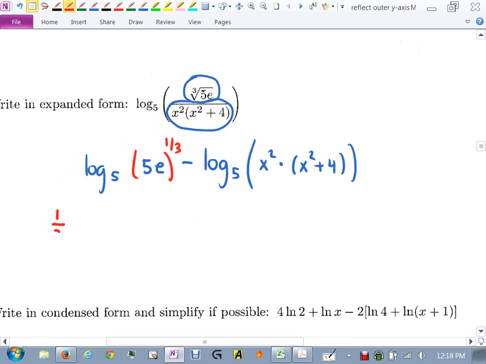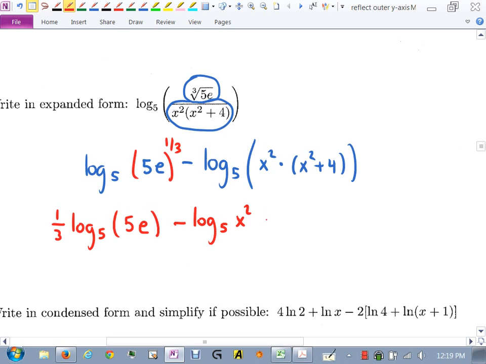So I can do 1/3 log base 5 of 5e minus, now what are you going to do with this log over here? You can split this into 2 logs, right? Multiplication inside of a log becomes 2 logs being added. But what about the minus sign? It's got to go to both. So it's going to become log base 5 of x squared.